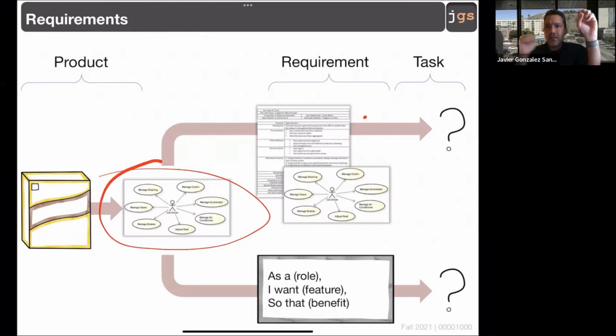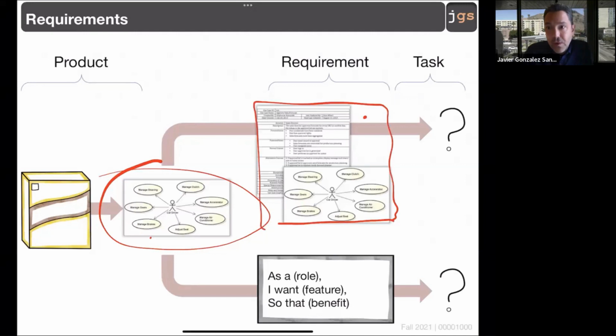Circles. Oh, these two maybe are connected. A line. This graphical representation is going to become a diagram. And those diagrams are going to be helpful to understand what we want to do. Moreover, for the plan-based approach, those diagrams are going to be part of the contract that we're going to create.